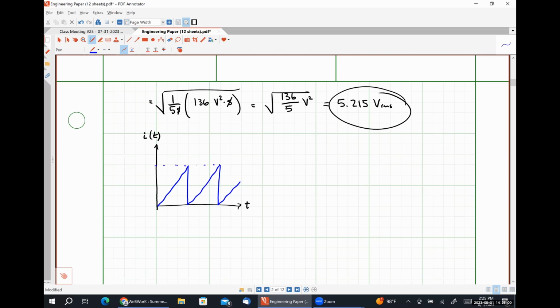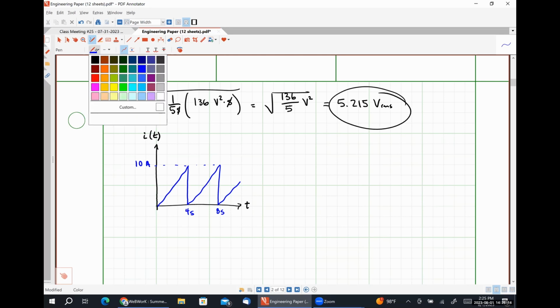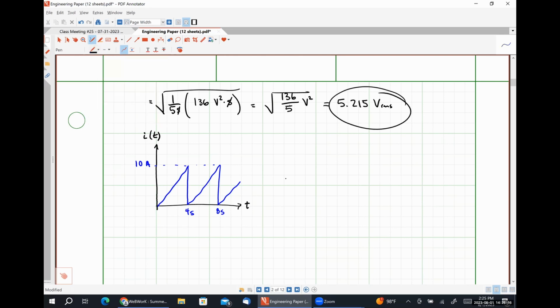This peak value, let's call it 10 amps. And let's say that this thing repeats every 4 seconds. How would we describe this current signal mathematically?